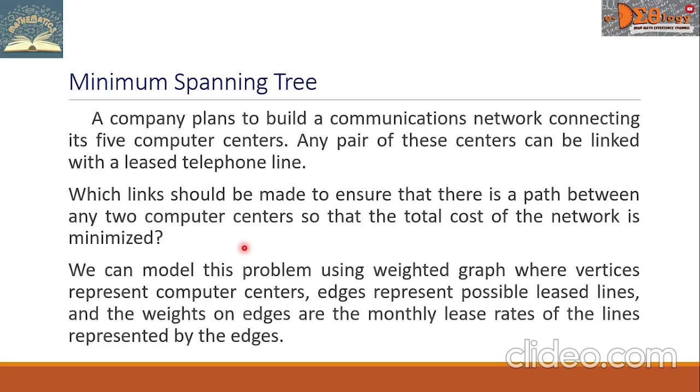We can model this problem using a weighted graph, where vertices represent computer centers, edges represent possible leased lines, and the weights on edges are the monthly lease rates of the lines represented by the edges.